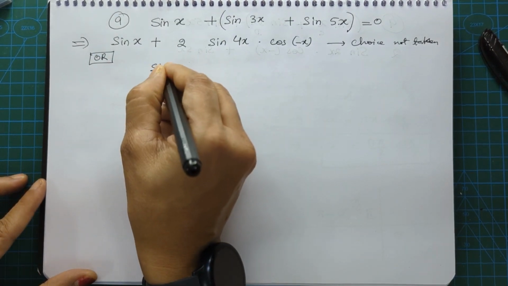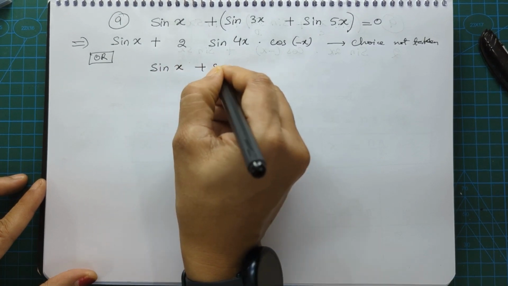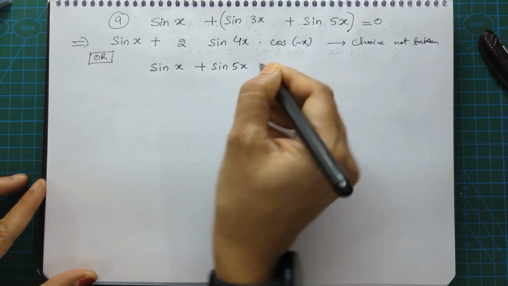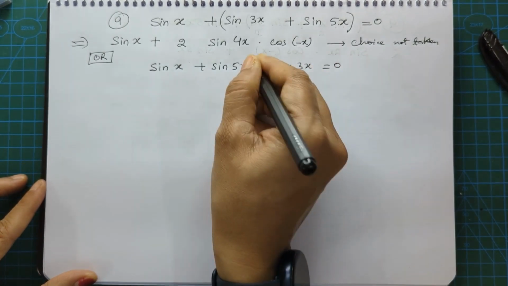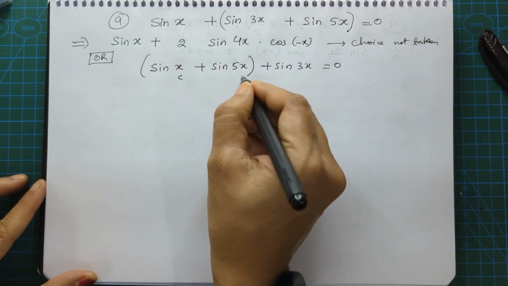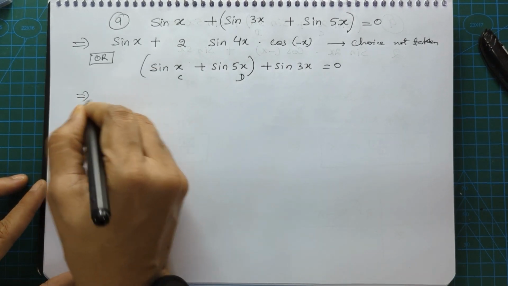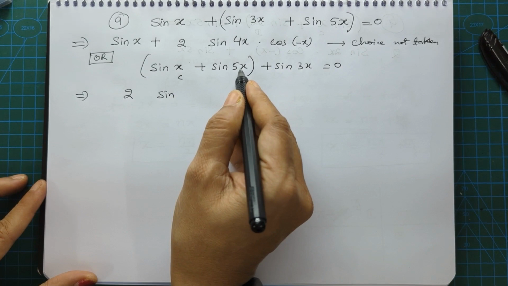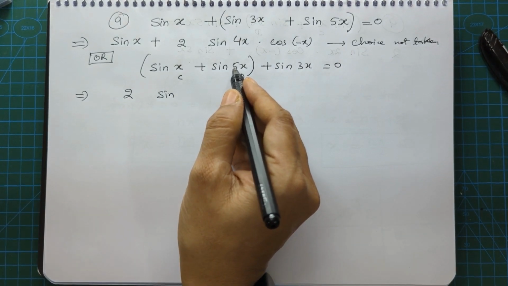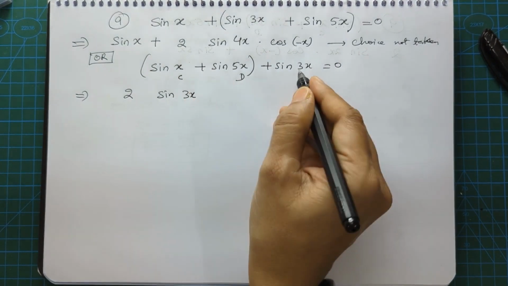So we will take sin x plus sin 5x plus sin 3x equal to 0, and this one is sin c plus sin d, which turns out to be twice sine of (c plus d) by 2. 6x by 2 is 3x. See, we have one more 3x.